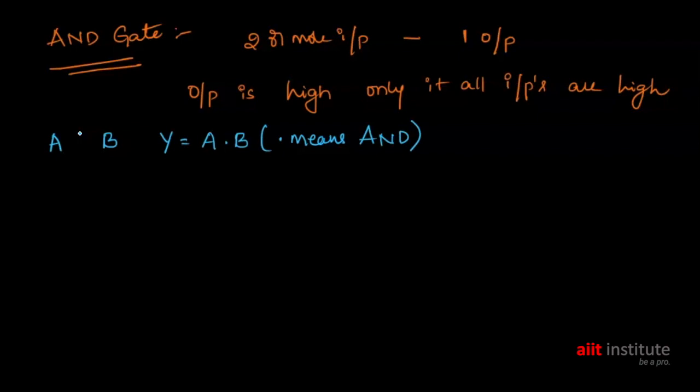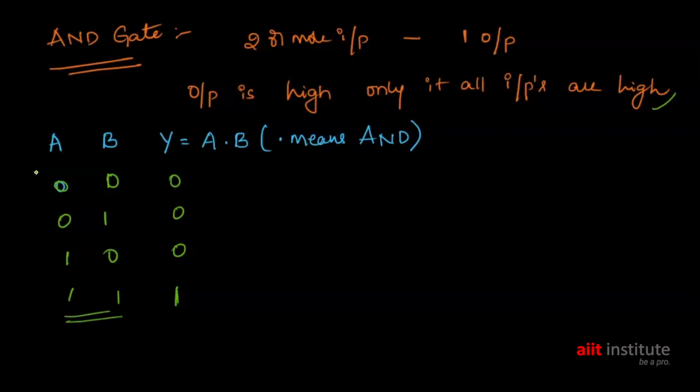Okay, so we know all the four possible inputs for this: 0 0, 0 1, 1 0, 1 1. So as the definition tells here, output is high only if all the inputs are high. So all the inputs are high only in this scenario, so our output will be high only here. Remaining all conditions are 0. So this is how a truth table for AND gate can be written.